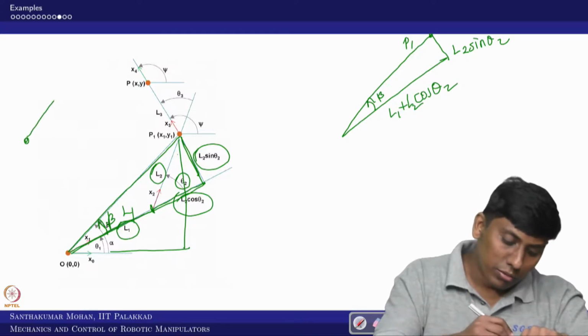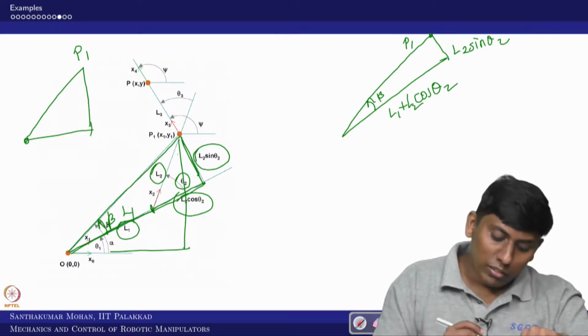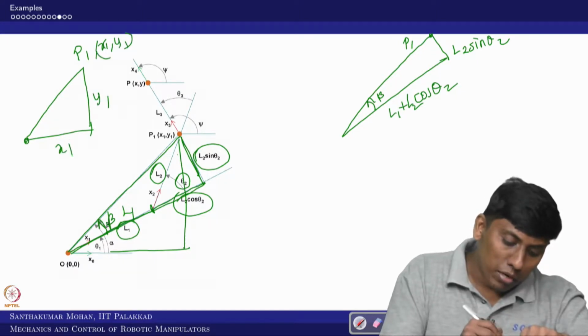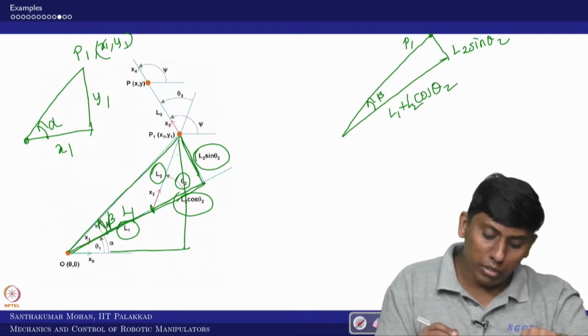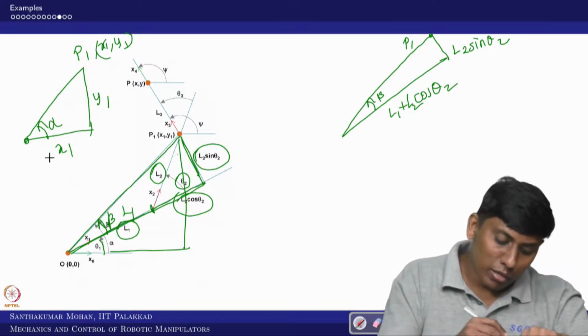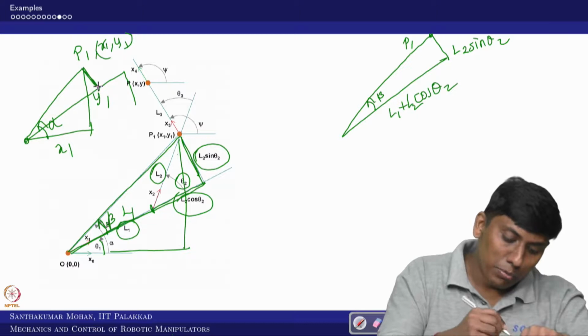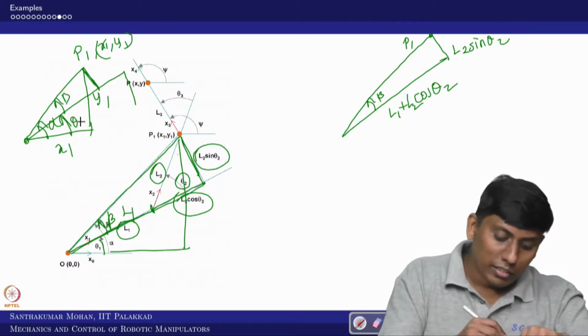So this is x1, y1, right? This is y1 and this is x1, and this angle I call alpha. Okay, now you can superimpose these triangles. What you can see is that theta 1 comes out, so this angle is beta, and this is theta 1.